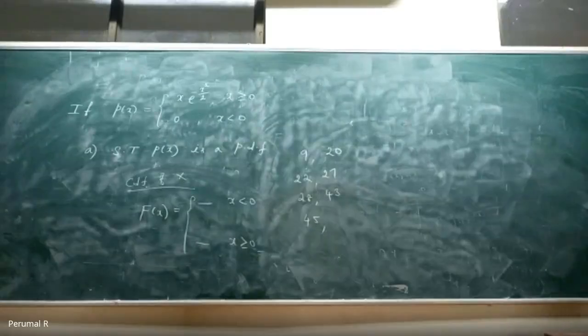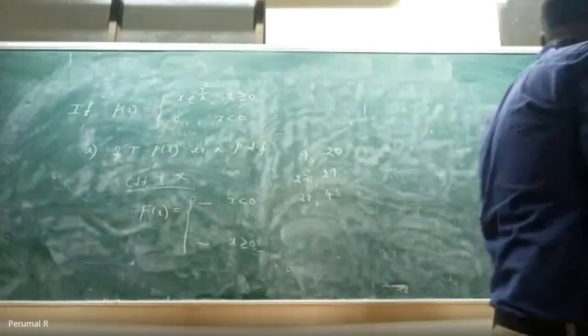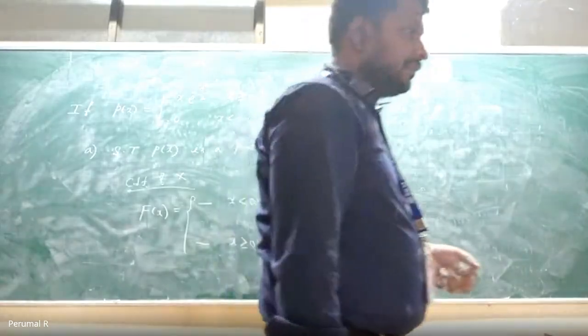Sir, 45, sir. Your number? 45. Yes, sir. Okay. What about 9, 20, 22, 27, 28, 43? 43 is also present, sir. You are 43, yeah?